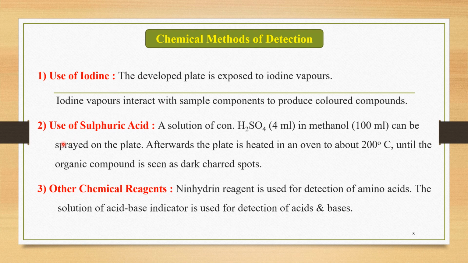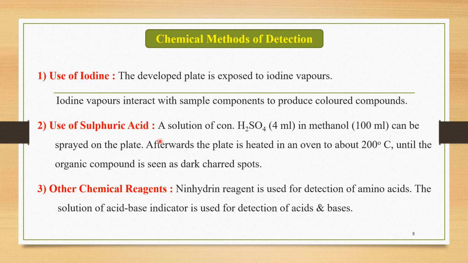The second important chemical method is use of sulfuric acid. A solution of concentrated H2SO4, 4 ml in 100 ml of methanol, can be sprayed on the plate. So this solution of H2SO4 in methanol, we have to spread on the plate. Afterwards, the plate is heated in an oven to about 200 degrees centigrade until the organic compound is seen as dark charred spots.